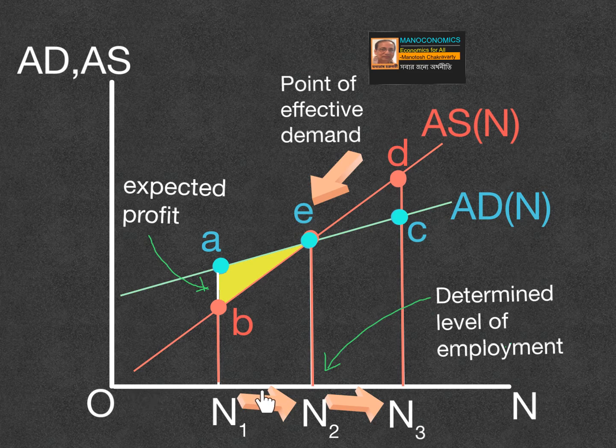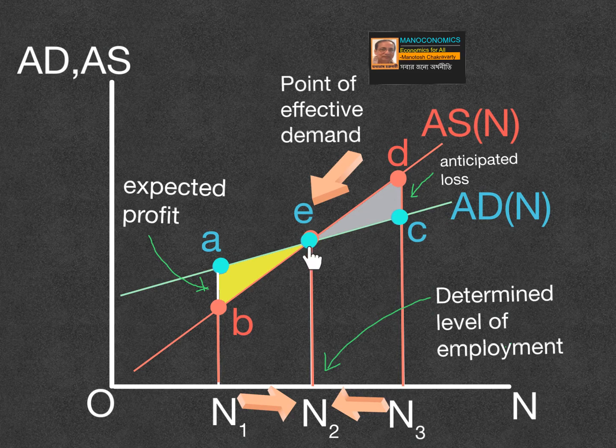And if the level of employment is ON3, then the aggregate supply is greater than aggregate demand. In this situation, the minimum cost necessary for this level of employment is greater than the expected receipts from the level of employment, and so the employment level will decrease in this situation with the anticipated loss.